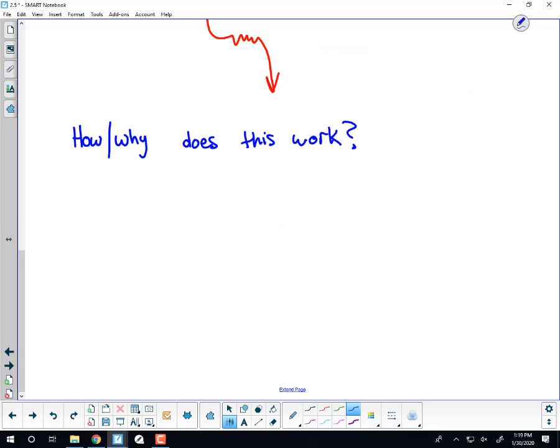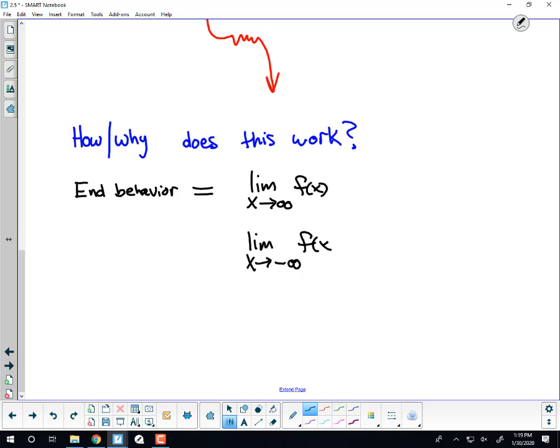And we'll remind ourselves here again that when it says end behavior, what that means is calculate this limit, and this limit, on whatever function you're given, so just denote that f of x.